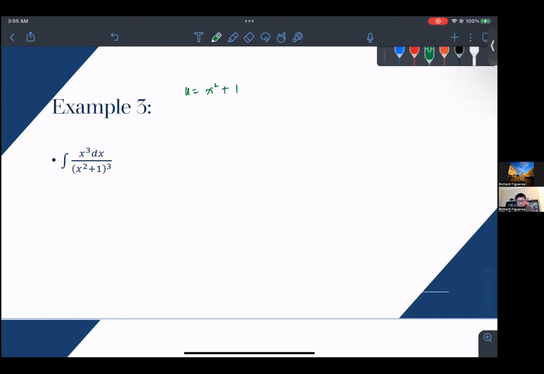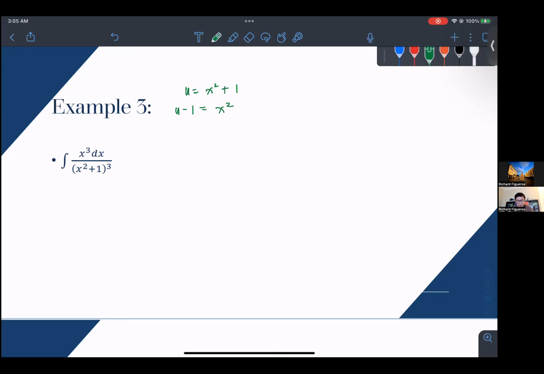Okay. But the problem with this, if we let u to be just x squared plus 1, so once I could have the x squared, so to be, let's say, u minus 1 is equals to x squared. Okay, let's try to do that one.